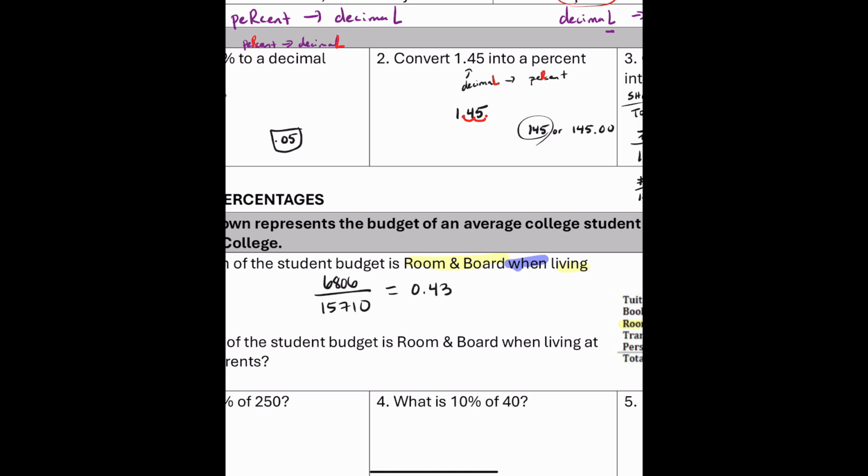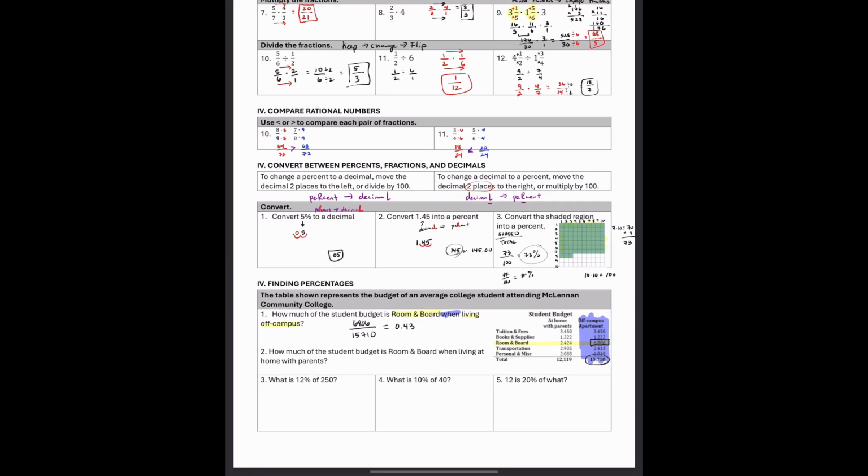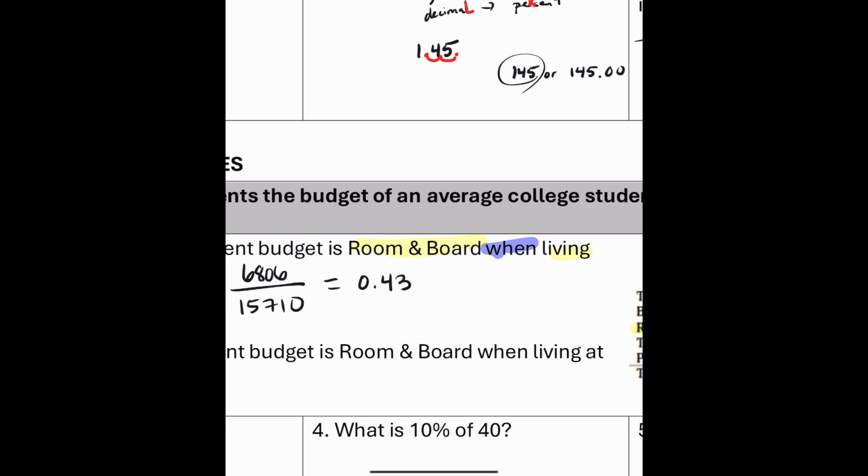Now, we don't want a decimal because it's asking us to find percentages, right? So since we have a decimal and we want to convert that into a percent, we're going to have to move the decimal place to the right 2 times. So 1 and 2. So your answer is 43%.